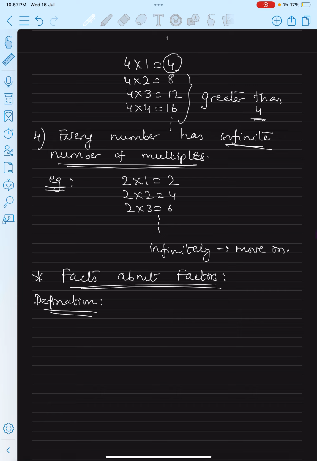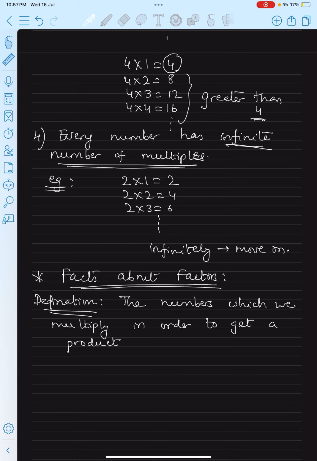For that we can write that the numbers which we multiply in order to get a product are called factors.